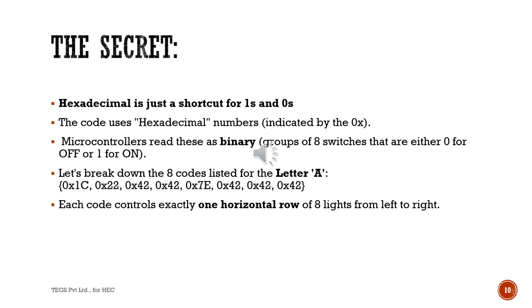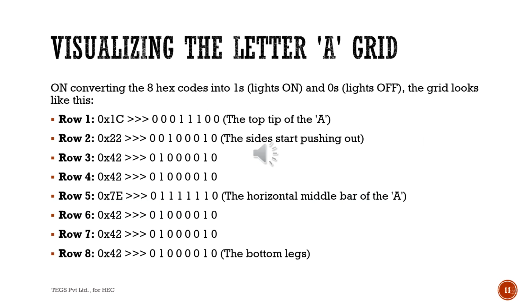Each code controls exactly one horizontal row of 8 lights from left to right. Visualizing the letter A in the grid: on converting hex codes into ones as light on and zeros as light off, the grid looks like this, given below.